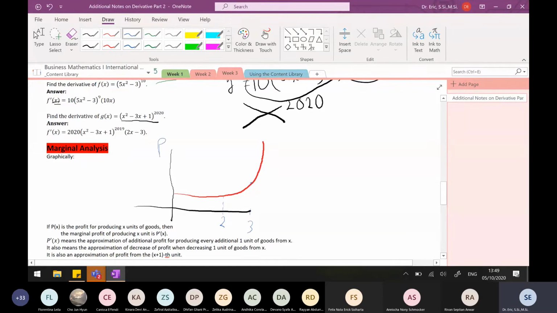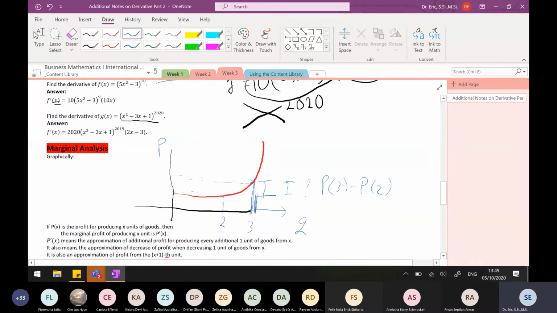This is the profit, this is the quantity. So what is this? This is P3 minus P2, isn't it? This is P3 minus P2, that is this one.